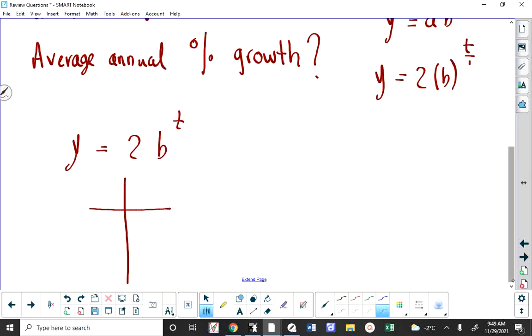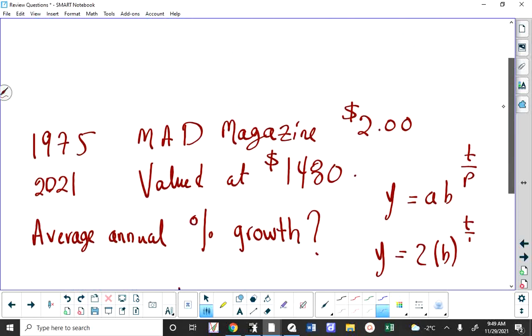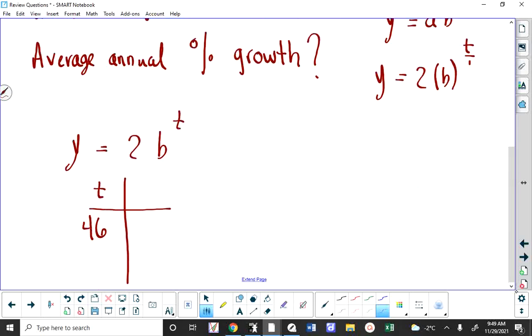And the ordered pair is 46 years for t. I'm going from 1975 to 2021, which is, I think, 46 years. Comma, let's say 1248, 1480.